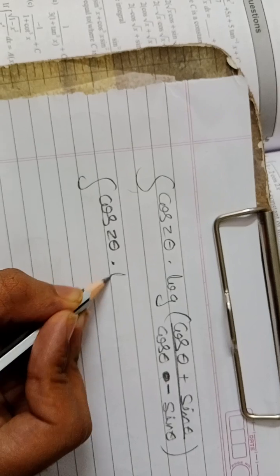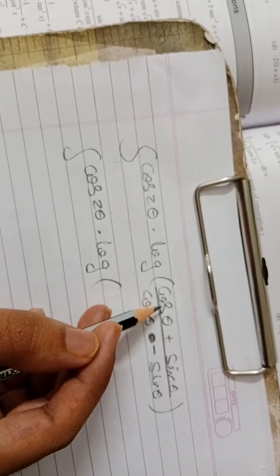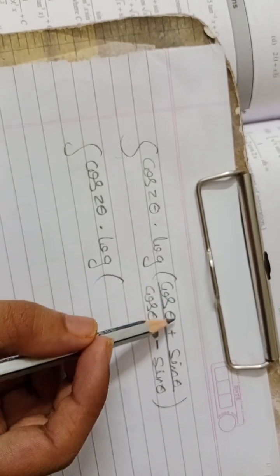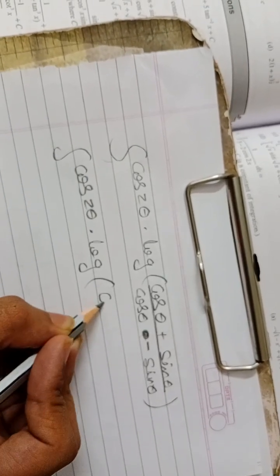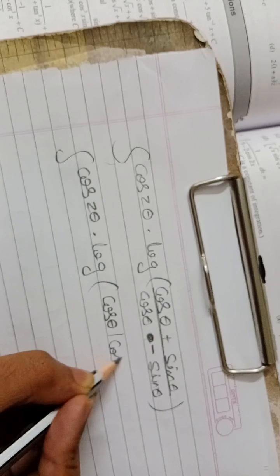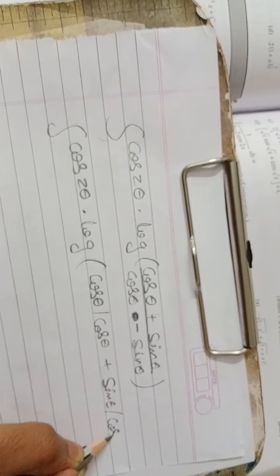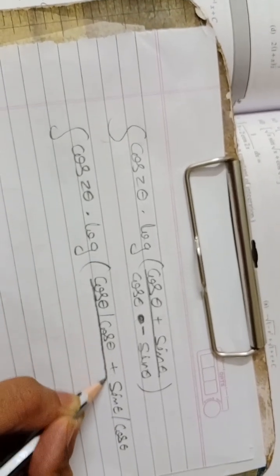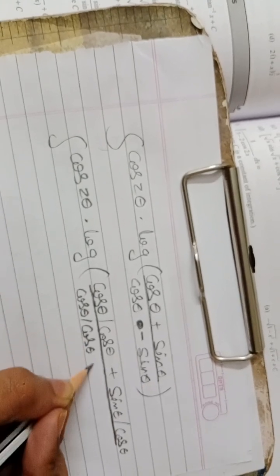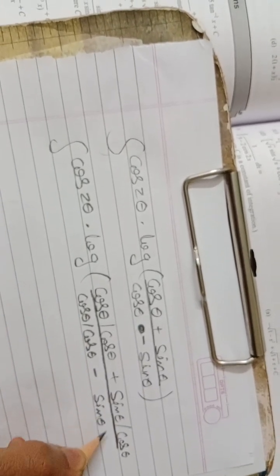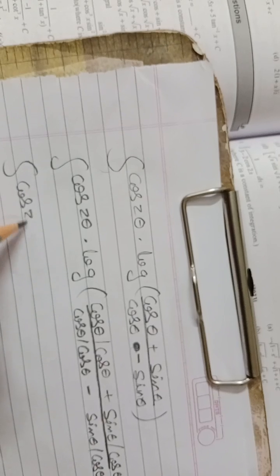So in the log, if we want to convert this into tan, we need to divide by cos of theta in the denominator and the numerator both. If we divide the numerator, we get cos of theta divided by cos of theta plus sine of theta divided by cos of theta, whole divided by cos of theta minus sine of theta over cos of theta.